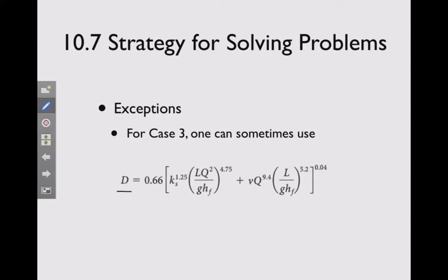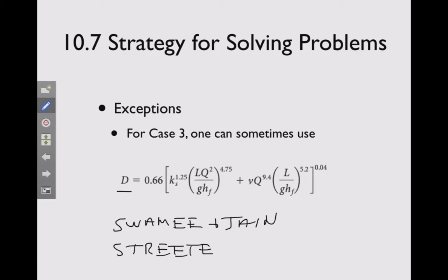One of the papers is by Swamee and Jain, and another paper is by Streeter and Wylie. This is kind of an advanced topic, which is beyond the scope of this book and this course.